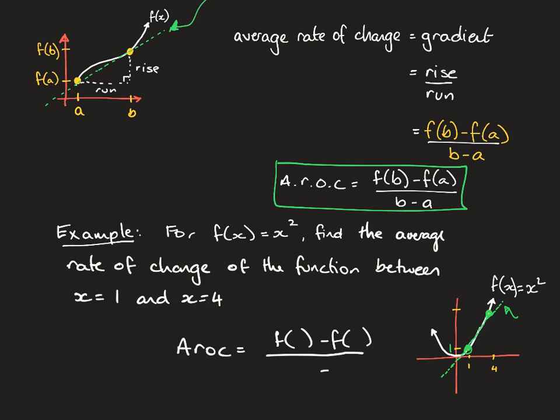And so 4 squared is 16, so it's 16 up here. And so in our formula, we're going to substitute in f of 4 minus f of 1 over 4 minus 1. Now it doesn't actually matter whether you do f of 1 minus f of 4, or f of 4 minus f of 1, as long as these two are first and these two are second.